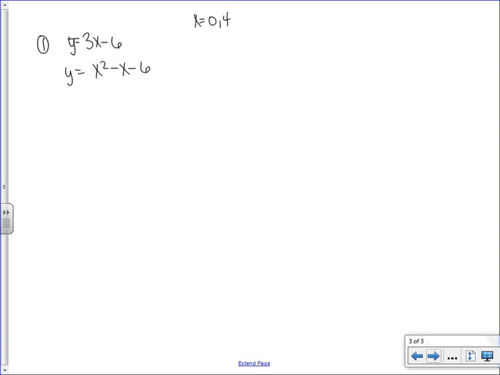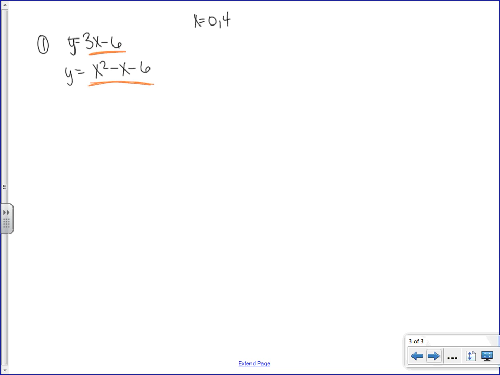However, we can ask you to do it algebraically, where you have to show some work. When it says you have to do it algebraically, you cannot write down that you put it in your calculator. You need to actually do the algebra. That's why it's called an algebraic solution. So if we do this algebraically, I have that y is equal to this and y is equal to this.